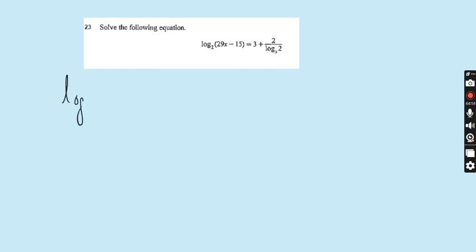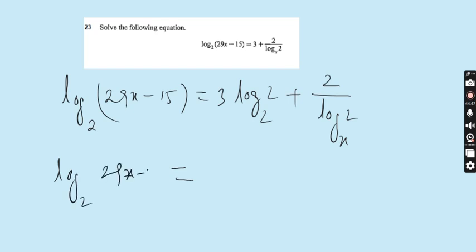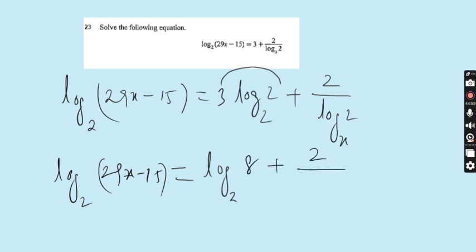So first write log base 2 of (9x minus 15) is equal to, write this 3 as 3 log 2 2, so 3 plus 2 upon log base x of 2. Log base 2 of (9x minus 15), this 3 becomes the power of 2, log base 2, 2 power 3 is 8, plus 2 upon this log base x of 2, which can be written by applying the change of base rule, log 2 upon log 2x.